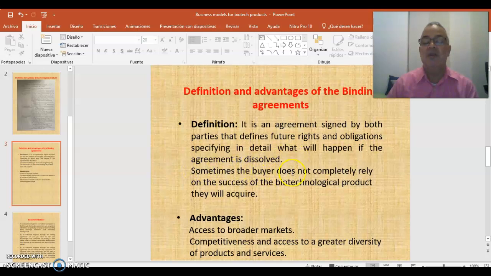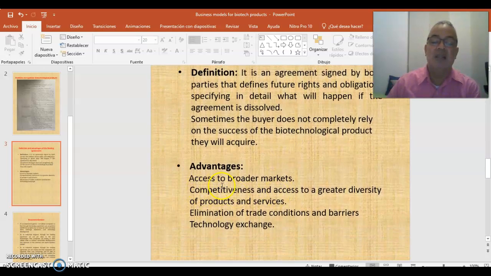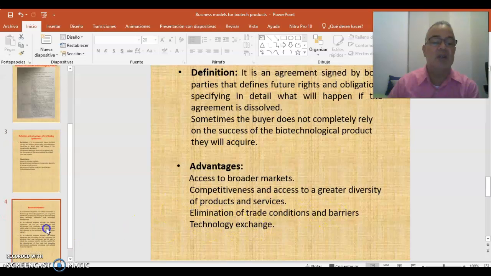Sometimes the buyer does not rely on the success of the technological product they will create. Advantages: access to broader, competitive markets and to a greater diversity of products and services, elimination of trade conditions and barriers, technology change.